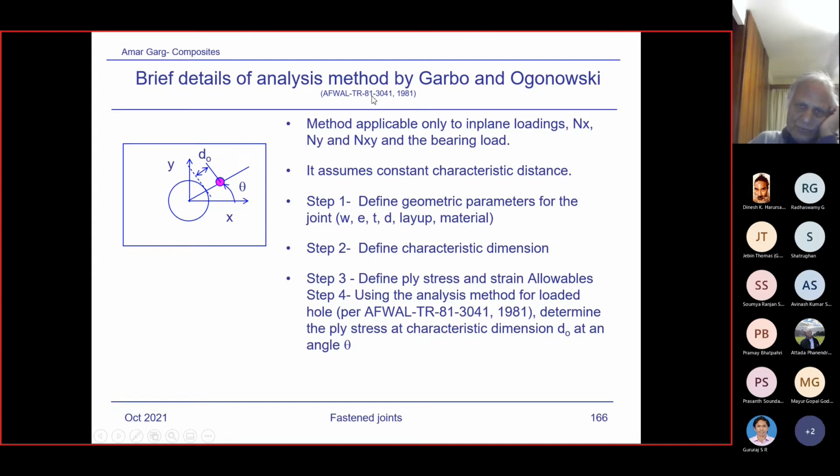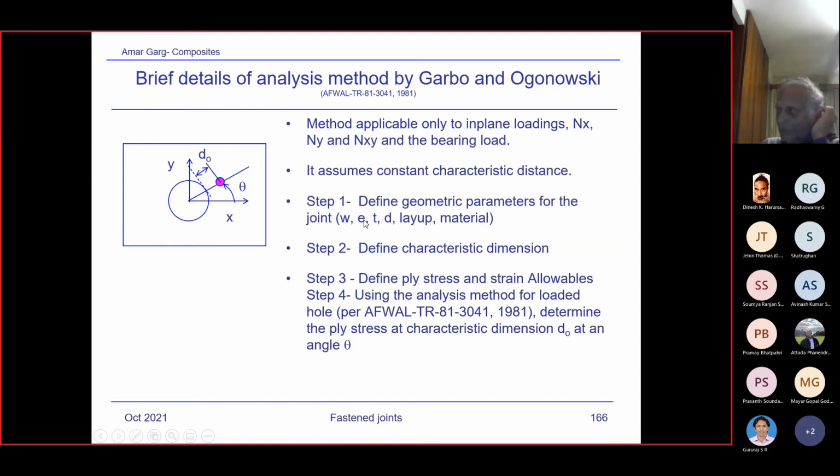If you want to read the details of the method, look into this report, which I said can be downloaded, or I think I already provided. The method is applicable only to in-plane loadings, Nx, Ny and Nxy, and the bearing load. It assumes a constant characteristic dimension distance in this method, according to this one.